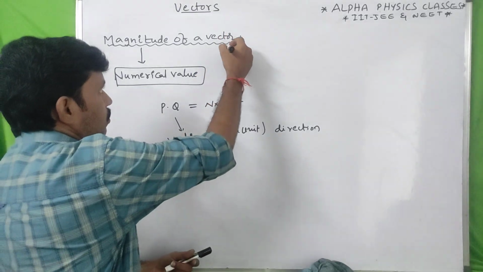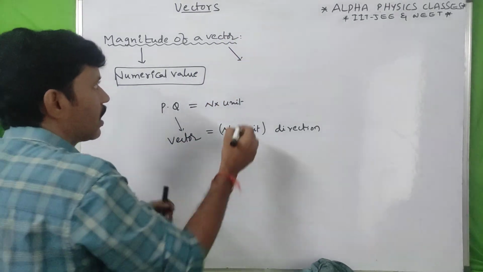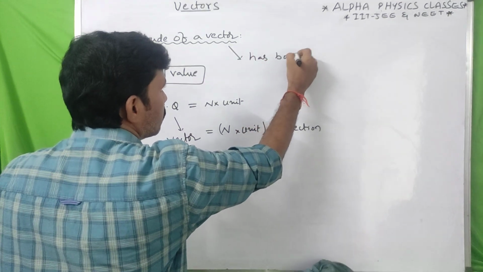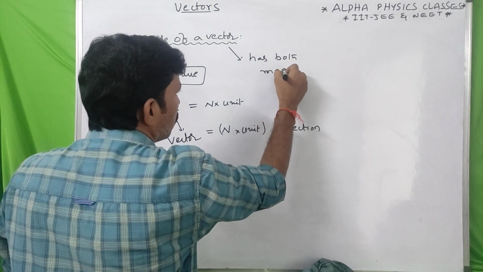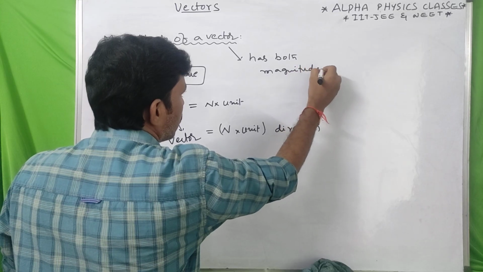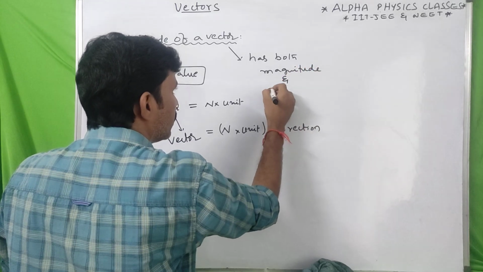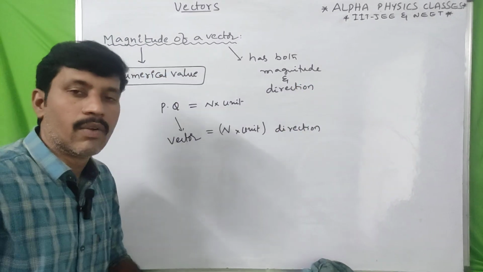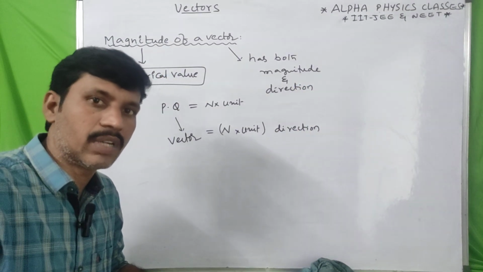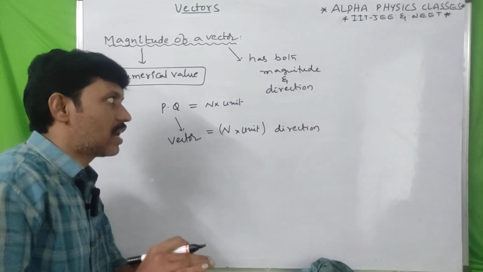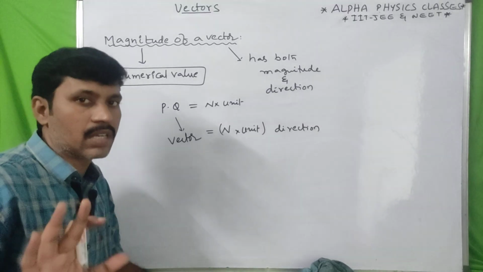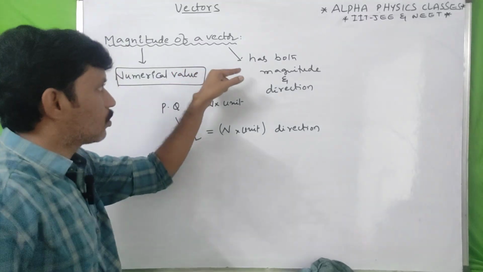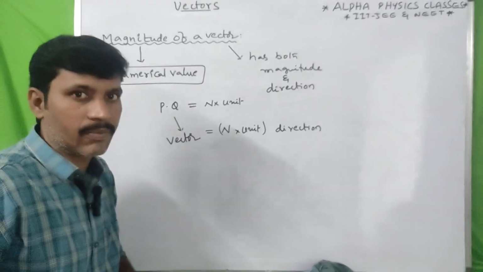So here, a vector quantity has both magnitude and direction. Of course, it has to follow the laws, which we will discuss later, but today's topic is that every vector quantity has both magnitude and direction.